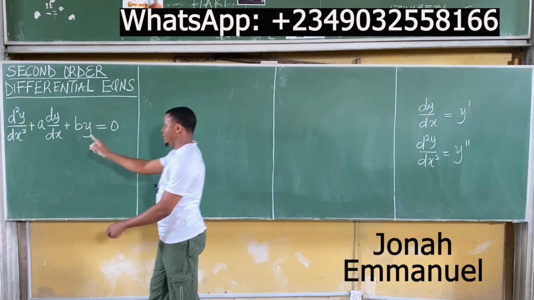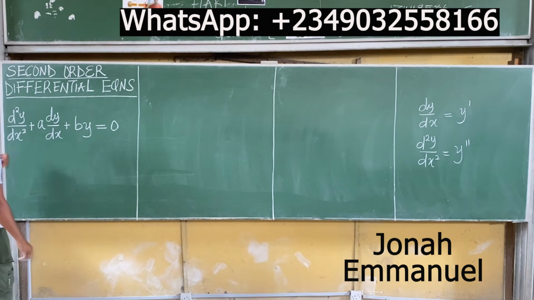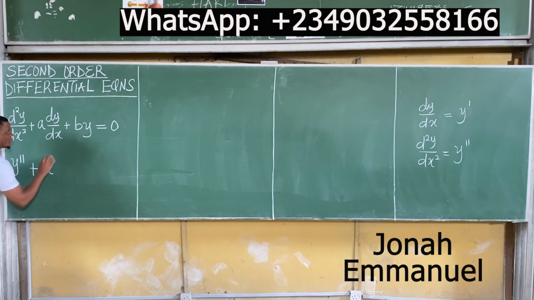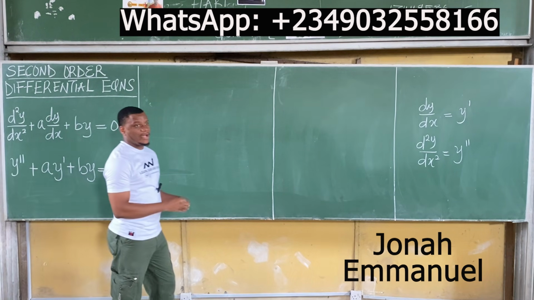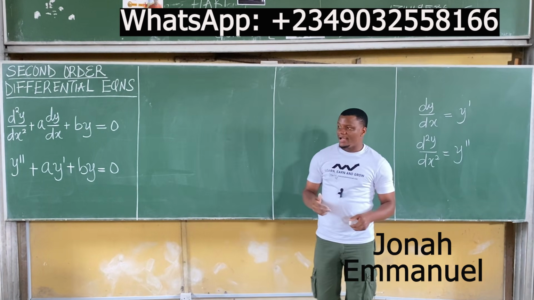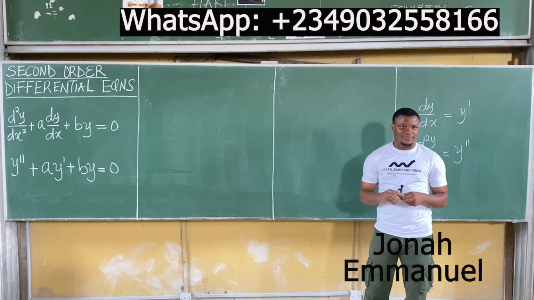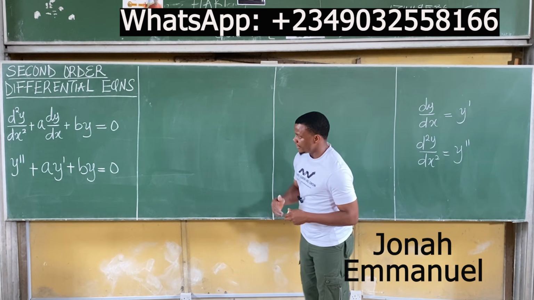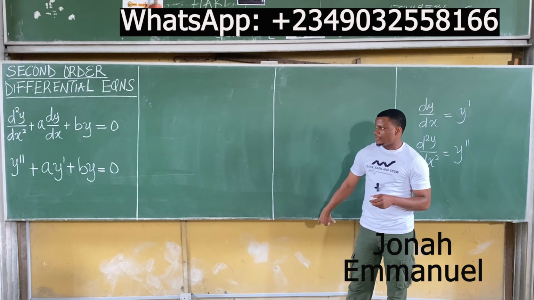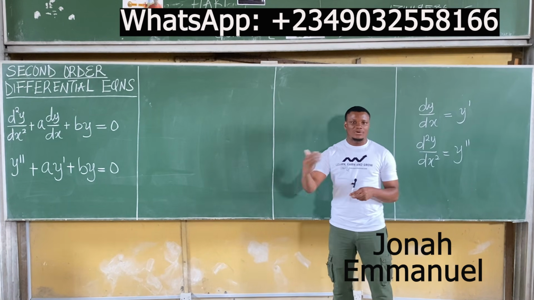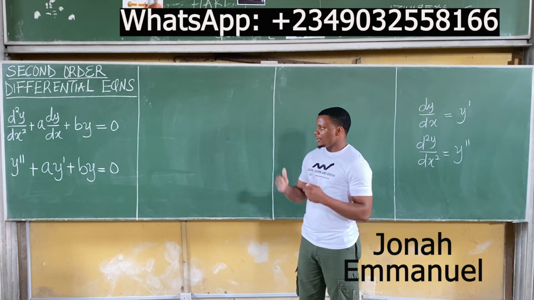So a second order differential equation can still be written as y prime prime plus a y prime plus by equals 0, where a and b are arbitrary constants, please. A and b are arbitrary constants. So basically, this is the concept, or the form, of a second order differential equation.